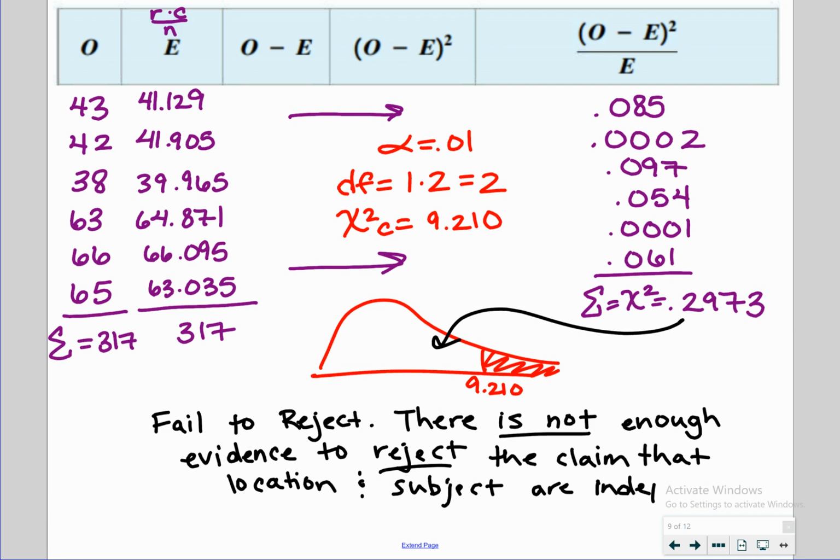So this is telling us we can't reject it, so not 100%, but likely that it is true that they are independent of one another. One does not directly affect the other. We don't see that correlation. Okay? That's 10-2. That's everything you need to know to do your one problem.